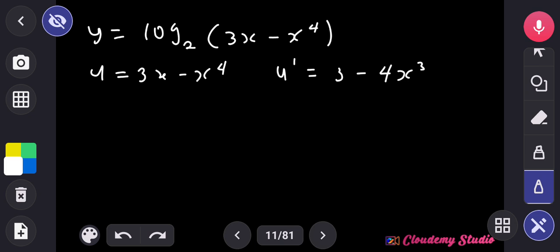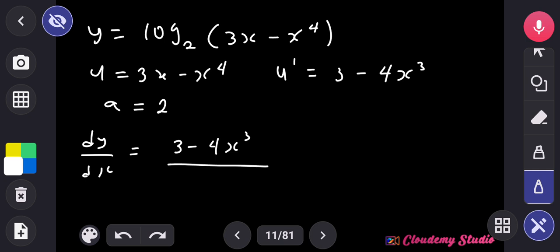And our a equals 2. Therefore, our answer is dy over dx equals u prime, 3 minus 4x cubed, divided by u, which is 3x minus x to the power 4, times ln 2. And this is our answer for that particular question. This is how to solve logarithmic function.